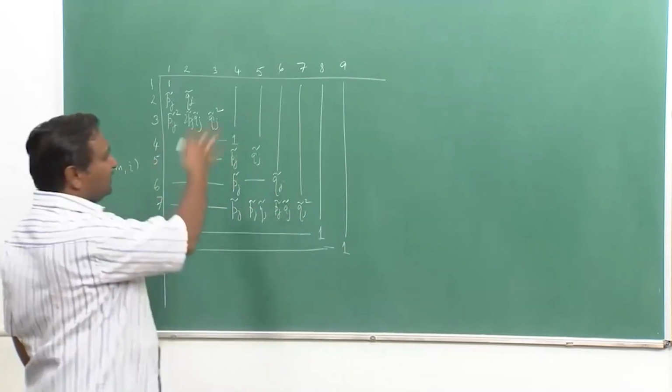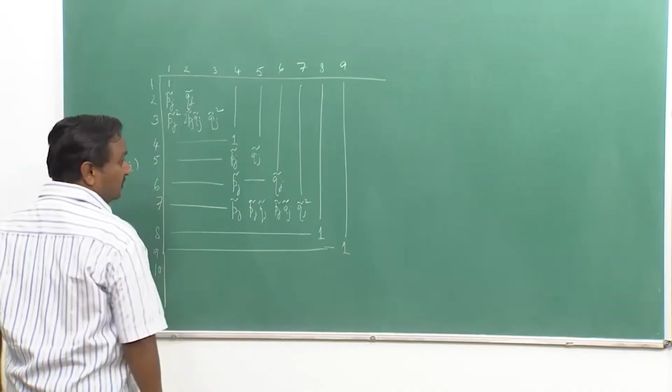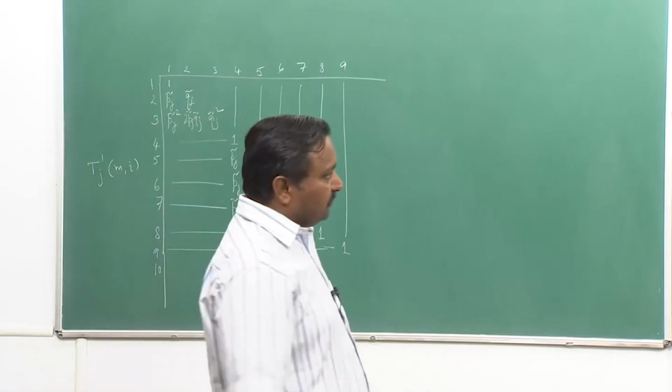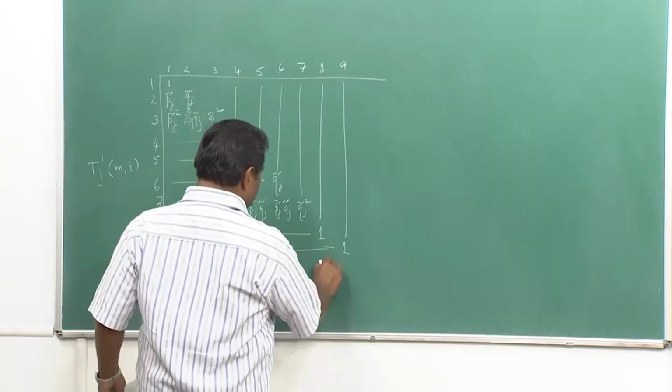Since it is a sparse matrix, all the rest of the elements are 0, so I am just filling up those certain elements. If you are in the 10th state, if the packet goes out, you go back to 8. If the packet does not go out, you stay in 10.